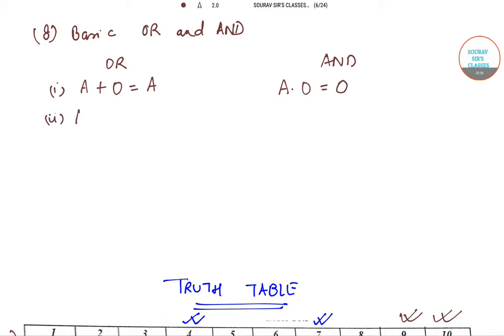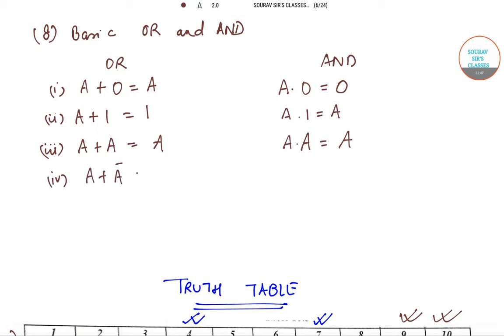Number 2, A plus 1 is equal to 1, and here is A dot 1 is equal to A. Then you have 3, which is A plus A is equal to A. This is A dot A is equal to A. There is no difference. And fourth is A plus A dash is equal to 1, whereas A dot A dash under AND will be equal to actually 0.